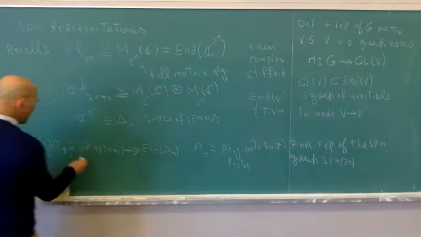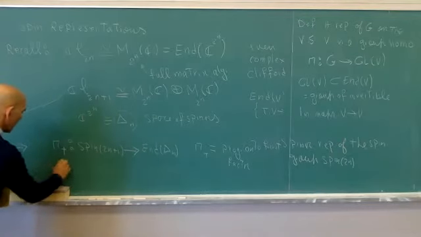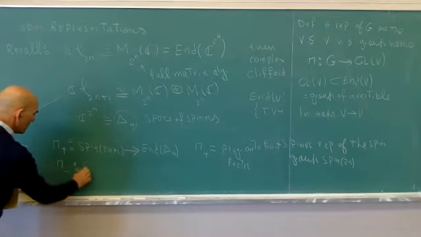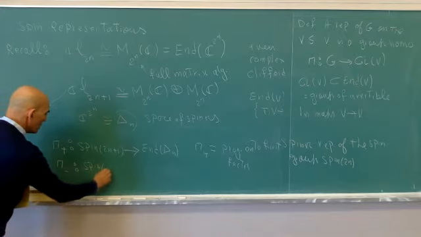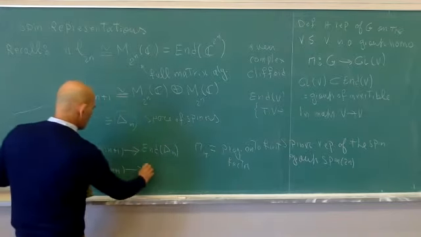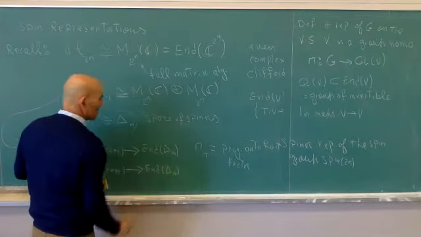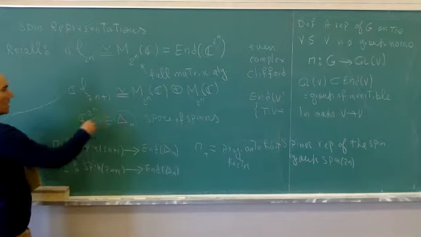And you get another representation for odd degree spinors, pi minus, from Spin 2n plus 1 to End of delta n. It's defined in a similar way.